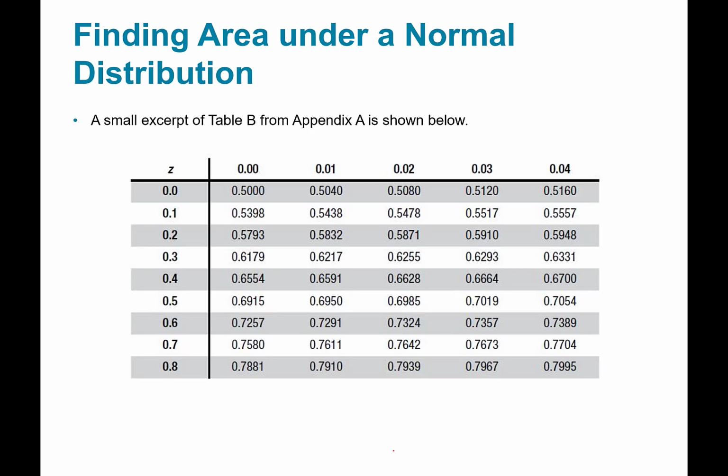So the way this table works, and this is just from Table B, the difference between Table A and Table B is that Table A has z-values less than 0, and Table B has z-scores greater than 0. To use this table, we want all of our z-scores to be 2 decimal places.